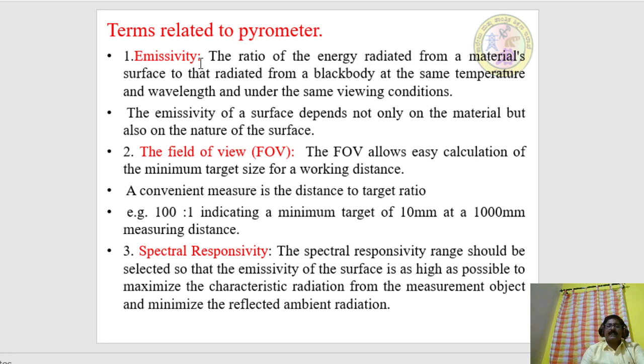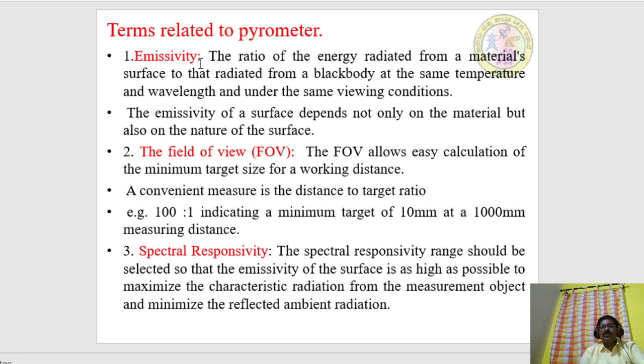Some terms are related to pyrometers. First one is emissivity, second one is field of view, FOV, and then spectral responsivity. First, we'll see what exactly emissivity is.